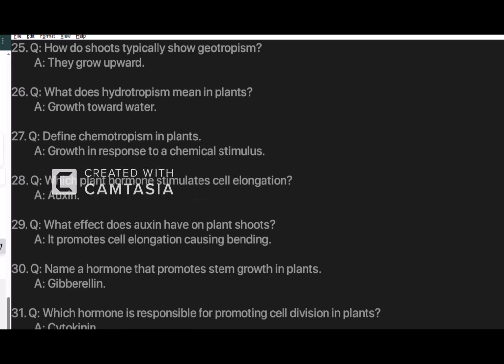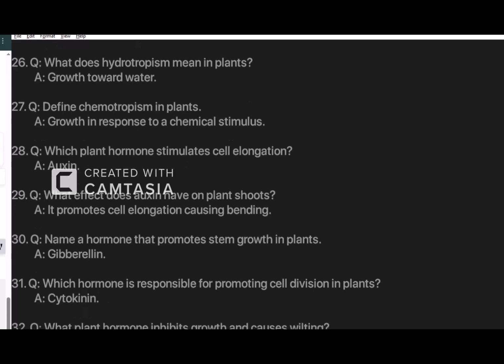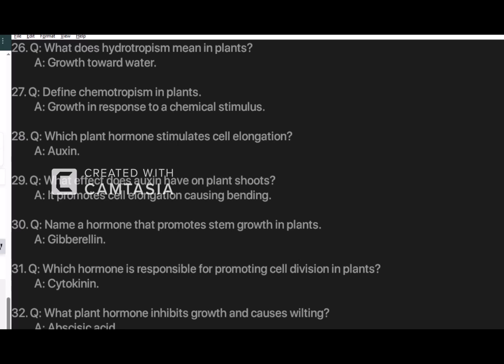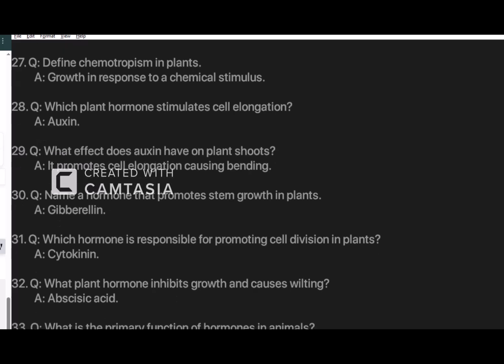A. Gibberellin. 31. Q. Which hormone is responsible for promoting cell division in plants? A. Cytokinin.